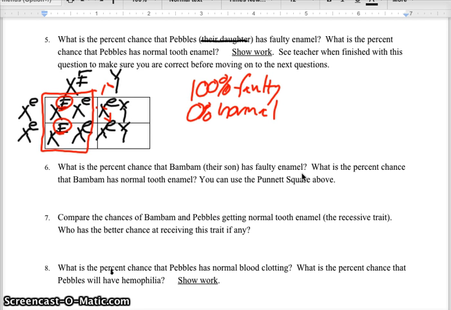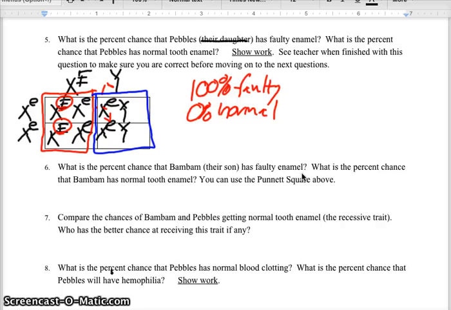Now we'll go to Bam Bam. Bam Bam's the son, so we can look at just here. Now we can cover up the females. Bam Bam has no dominant. He got both little e's from his mother. He only got the Y from his father, so he didn't get any genes from his father.